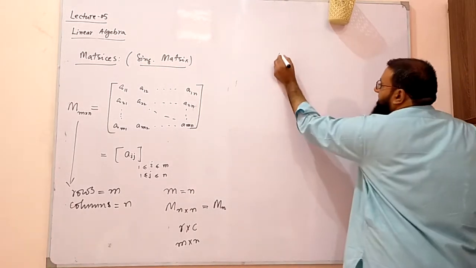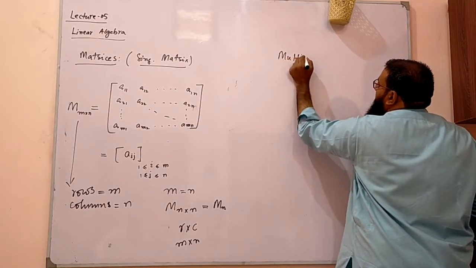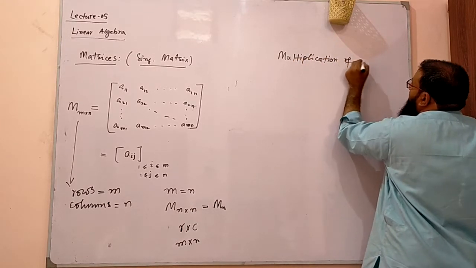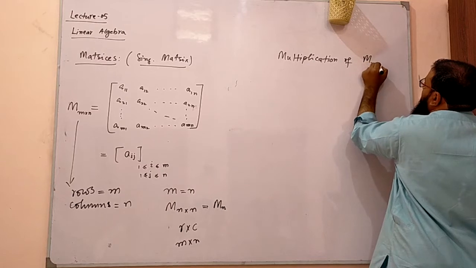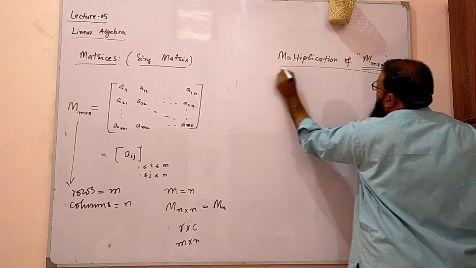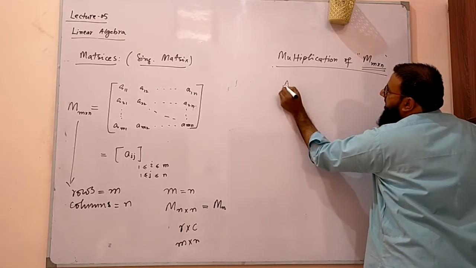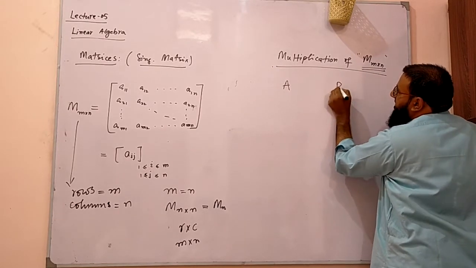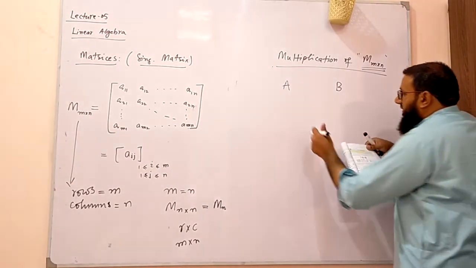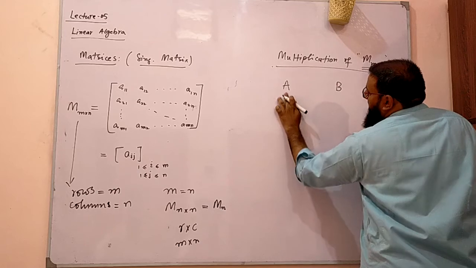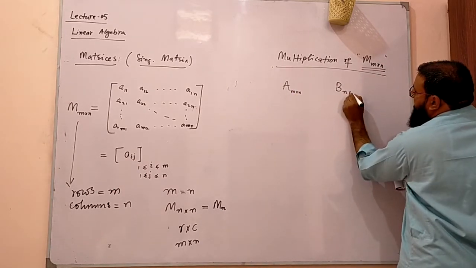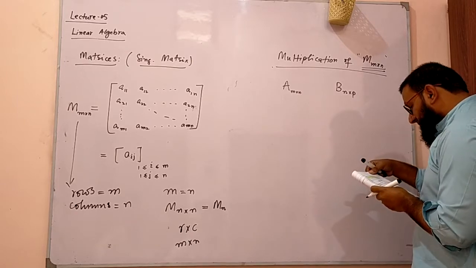So, let us say multiplication of, let's say, matrices m by n. This order can be anything, but I am writing m by n now. So I have a matrix A, I have a matrix B. So let us say the order of A matrix is m by n, and this one is, let's say, n times p.